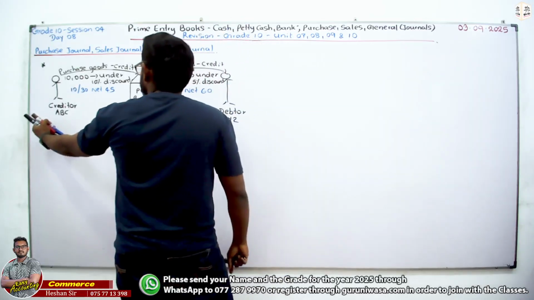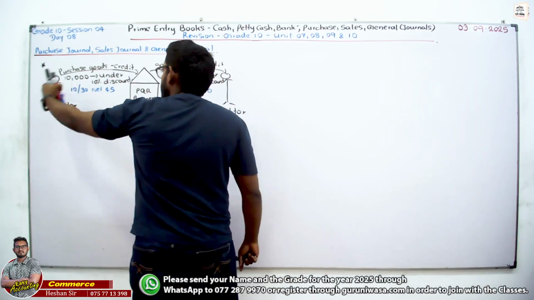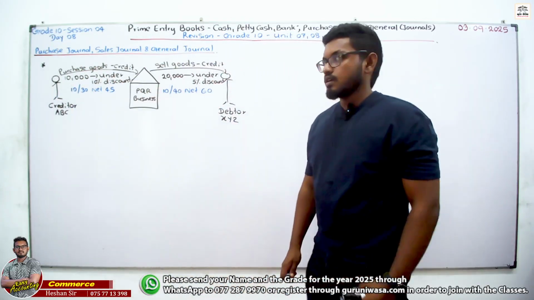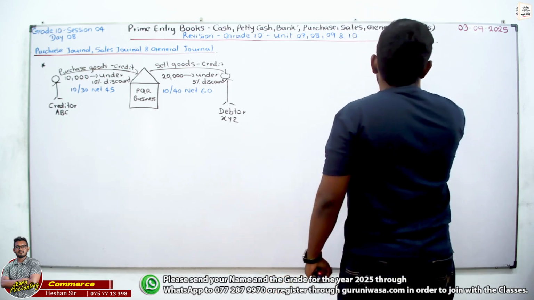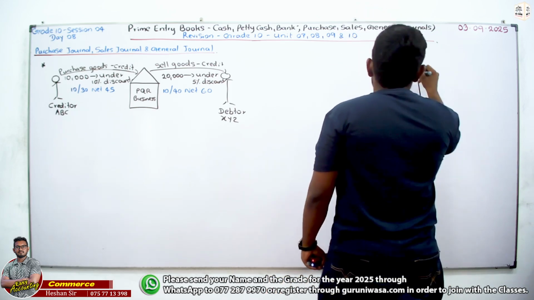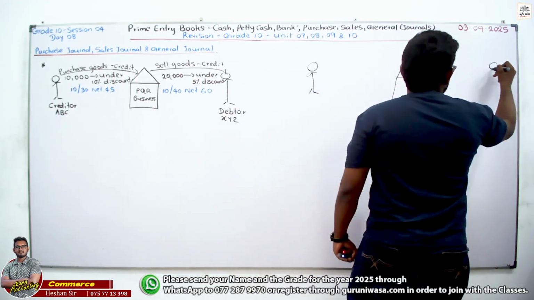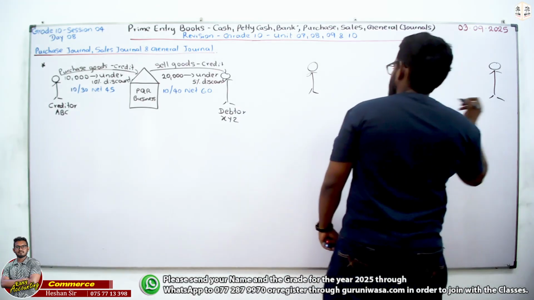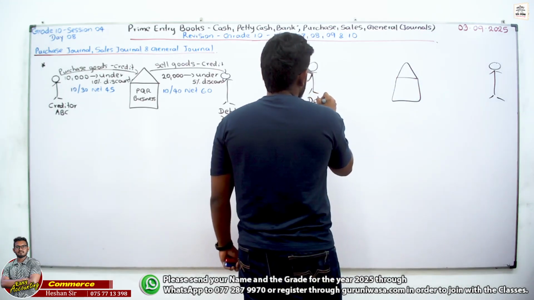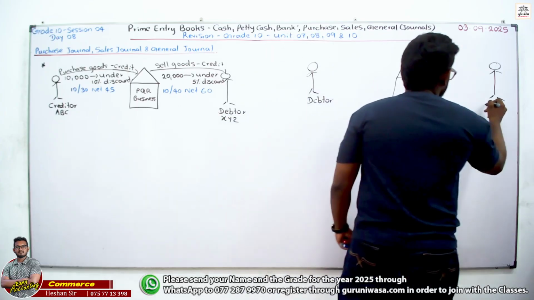Now when this business buys on credit basis, in the invoice that the creditor sent, if I draw the same thing another way, think this is a debtor, this is the creditor. Debtor and creditor. Can you hear me, guys?